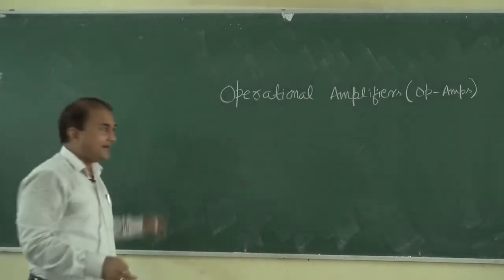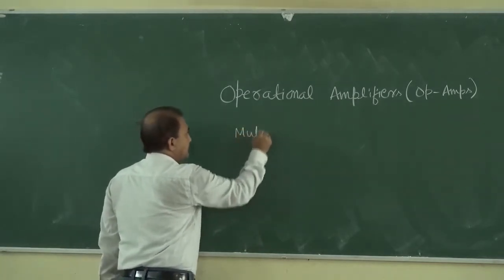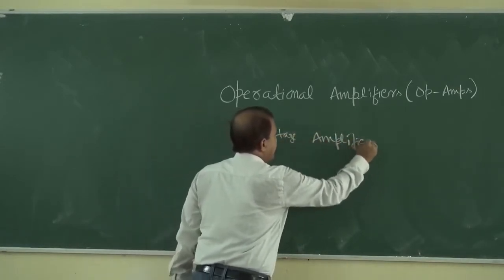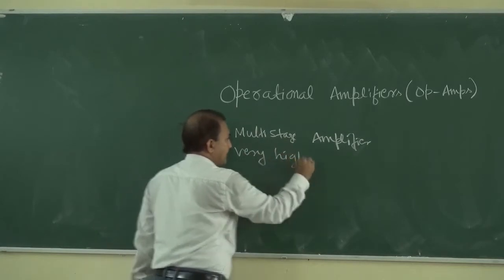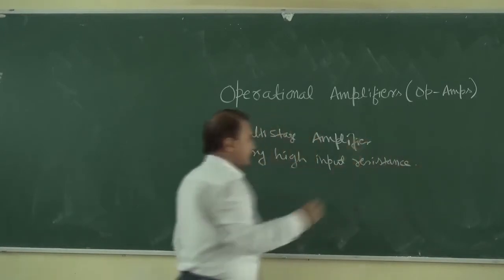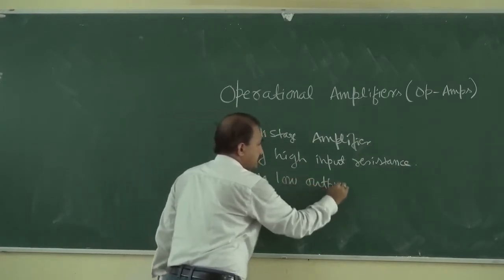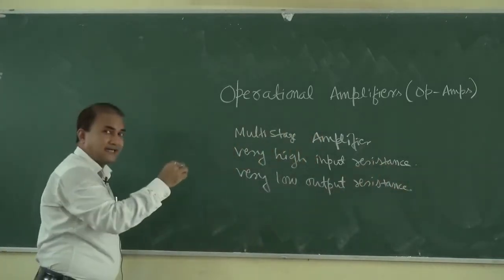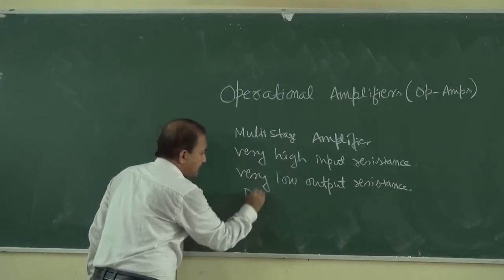An operational amplifier is a multi-stage amplifier having very high input resistance, very low output resistance, and the coupling between different stages is done by using direct coupling.